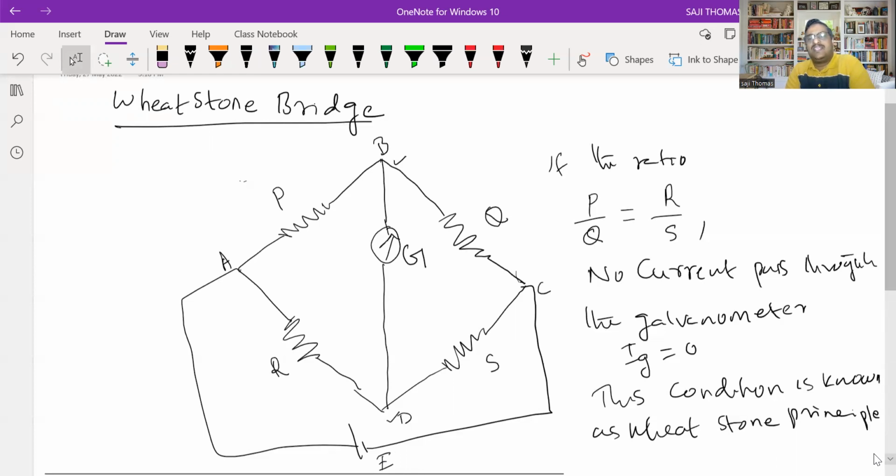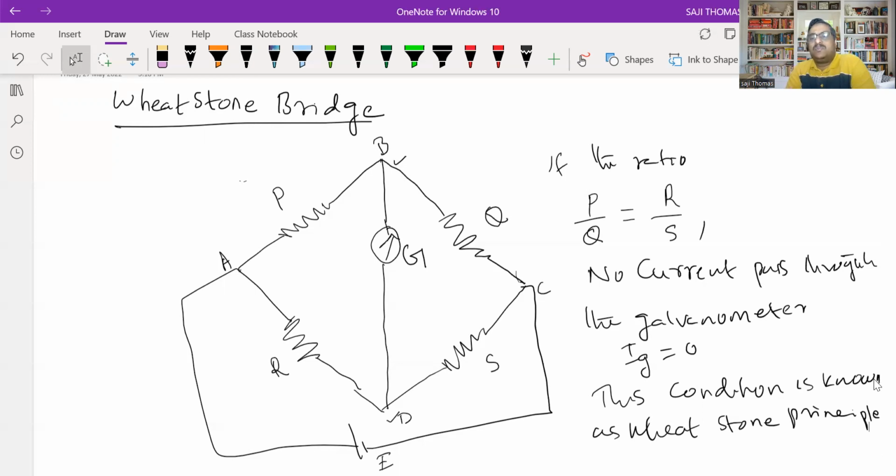So Wheatstone bridge is an arrangement of 4 resistors arranged in the form of a rhombus. P, Q, R, S are the resistors. See in the diagram, between the points B and D, a galvanometer is connected. Between A and C, a cell is connected. When the ratio P by Q equals R by S, no current through the galvanometer is detected.